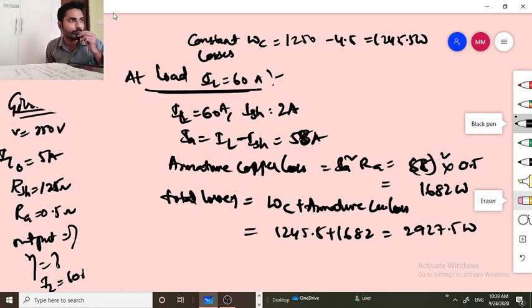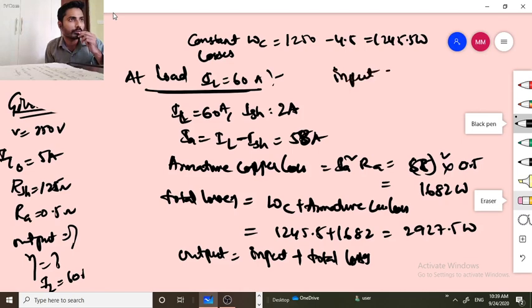So we want output power. Output is equals to input minus total losses. So we want total losses, and first we need to calculate input power. Input power is equals to V into IL. So this is 250 into 60. So what is the value? Input power is equals to 15,000 watts. Okay.